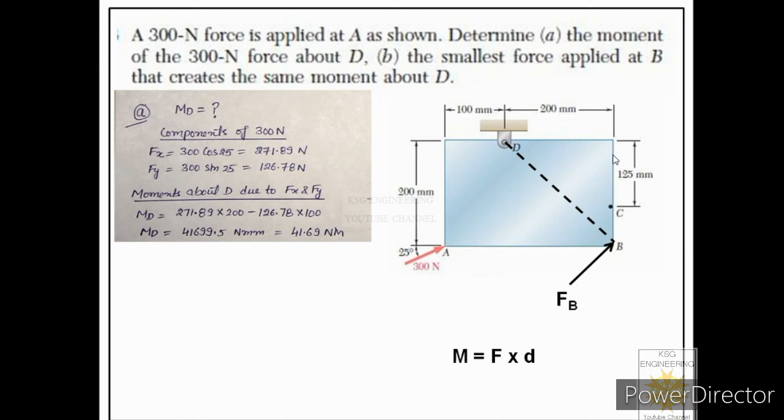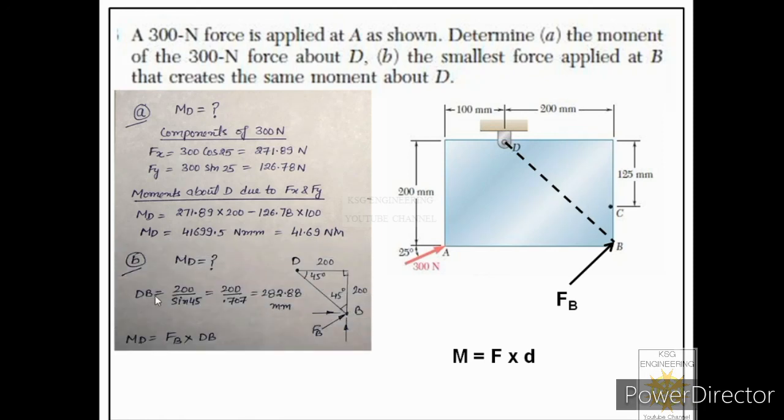So over here, if we want to find DB, we can say sine 45 degrees, that means perpendicular upon hypotenuse, is equal to sine 45 degrees. And if we want to find the hypotenuse DB, that will be equal to perpendicular divided by sine 45 degrees. You can see over here DB equals perpendicular, that is 200, divided by sine 45. So from here we can find the moment arm.